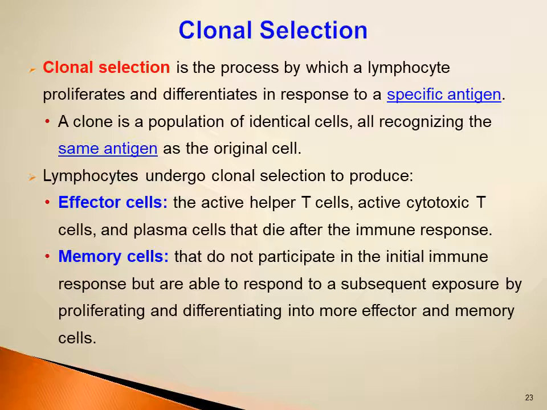So the memory cells are not for the first encounter but for the subsequent encounters. They just carry the memory of the immunity to the first encounter with the antigen for next attacks.